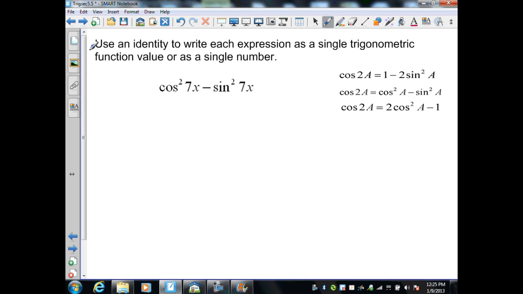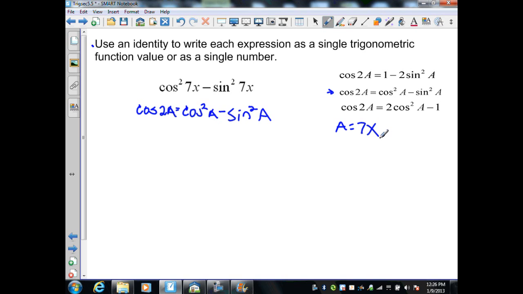On this example, they want me to use an identity to write each expression as a single trig function value or as a single number. I'm given cosine squared 7x minus sine squared 7x. If I take a look at my double angle identities, it's very close to that identity. So I could write below it cosine 2a equals cosine squared a minus sine squared a. And what value represents a in my given information? A is equal to 7x.